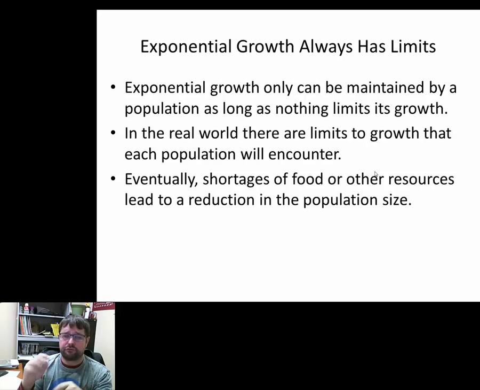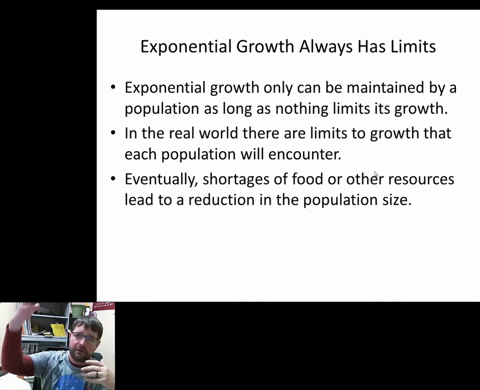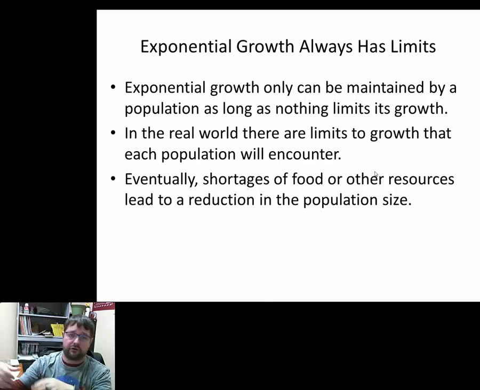So shortages of food or other resources, or increases in predation. We often see this, especially in wild species, where you might have introduction of a new species, their population explodes, and then the predators follow and they start bringing that population back down.